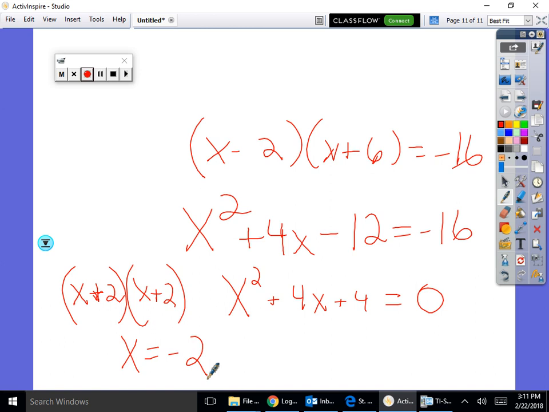Okay? You can't set a factor equal to a number other than 0. So you have to do the math, get a new trinomial, move this over so it equals 0, and factor. So that's a really multi-step one. Okay? All right.